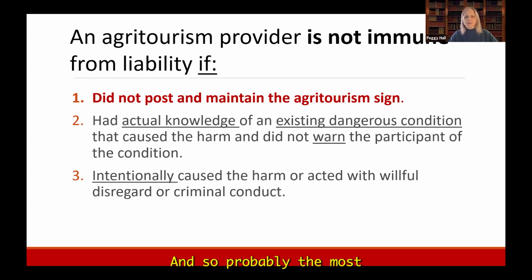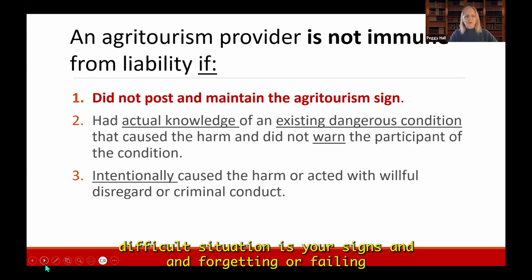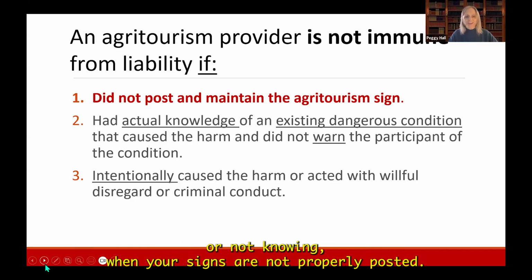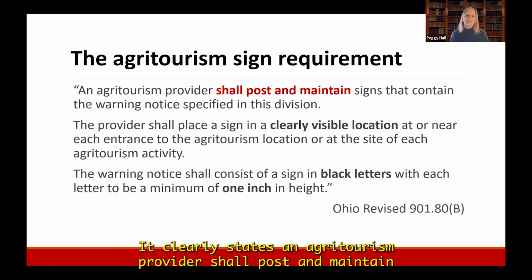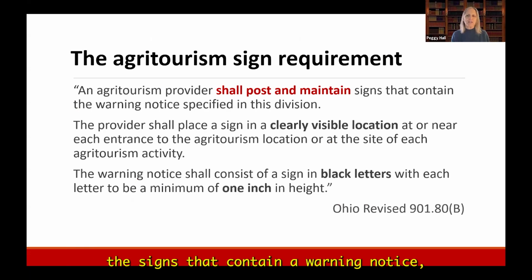And so probably the most difficult situation is your signs and forgetting or failing or not knowing when your signs are not properly posted. So the sign is required by the law. It clearly states an agritourism provider shall post and maintain the signs that contain a warning notice.